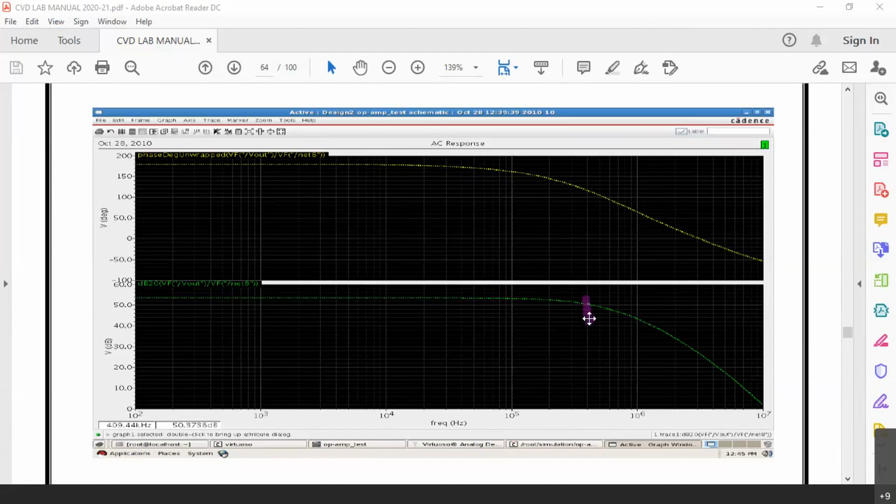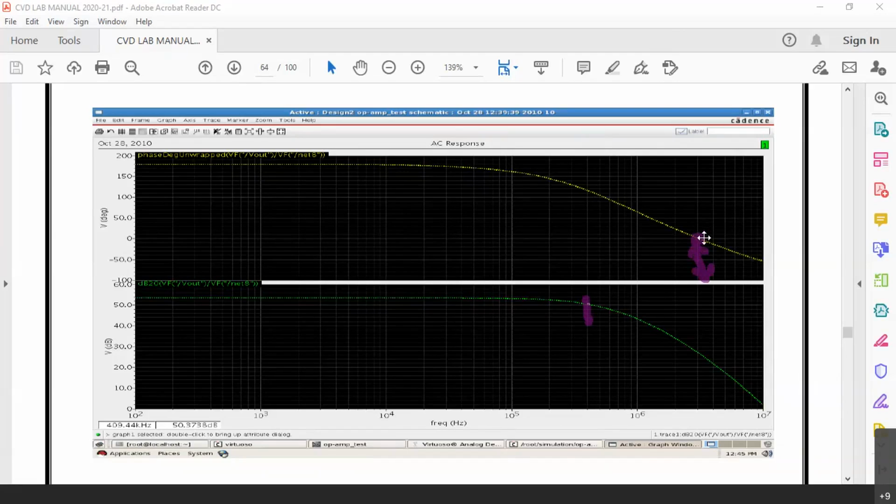Now we have these gain margin and phase margin problems where these two should not be meeting the line at the same point, right? Whenever the gain is becoming 0 dB, the phase should not become 0 at that time. So see, minus 180 and the phase has become 0 here. Now you can see the phase margin here.